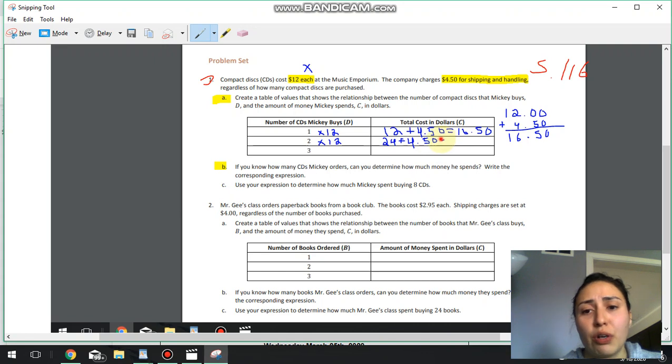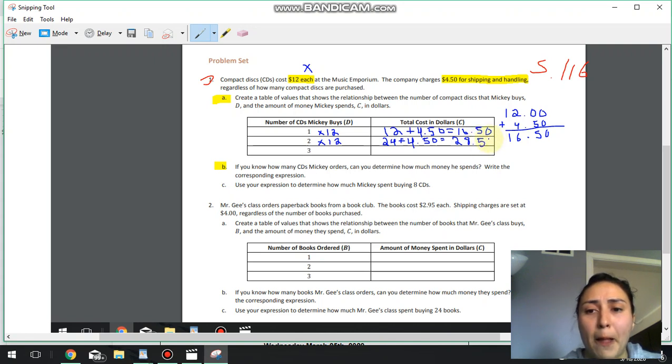And now that you know you have to line up your decimal points, I'm going to do it in my head. So if I add $24 and 4 whole dollars, that means I have $28. And I have to make sure that I don't forget about the 50 cents. So I'm going to add the 50 cents.